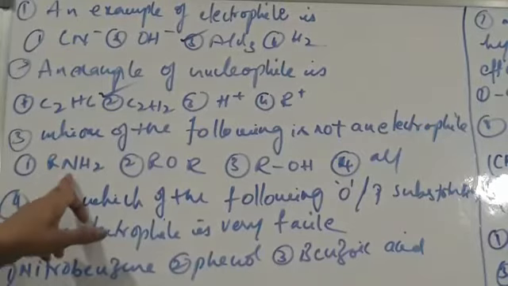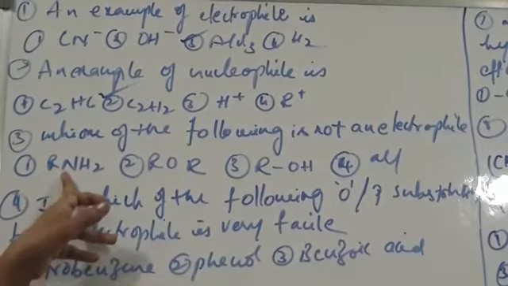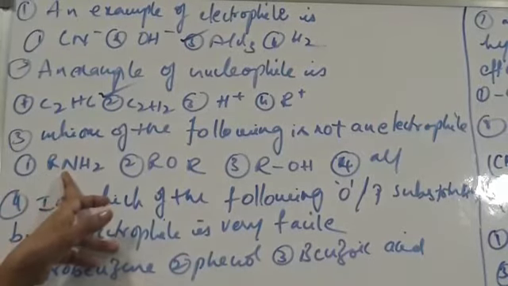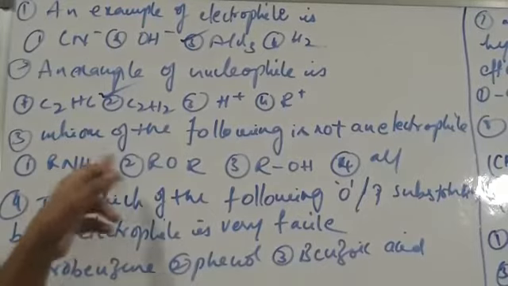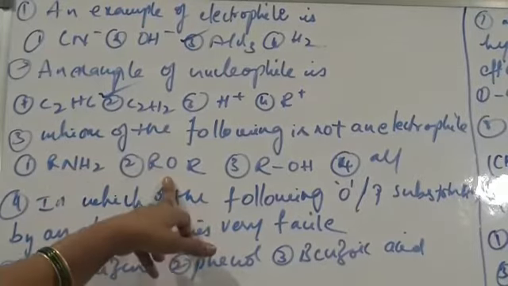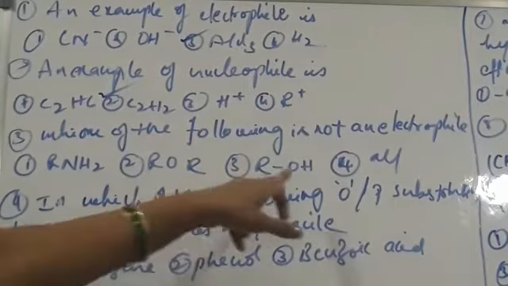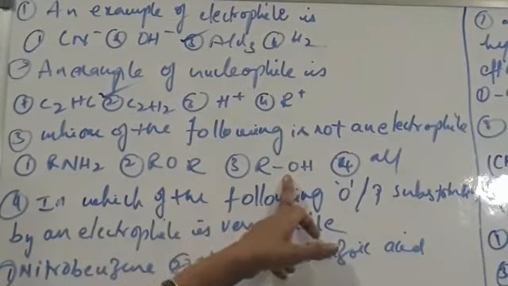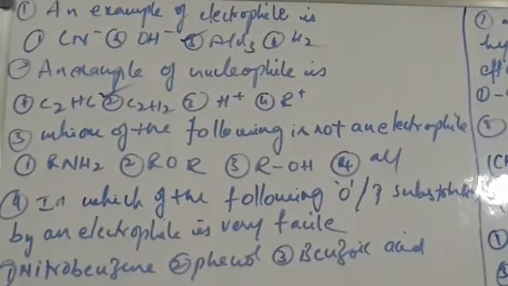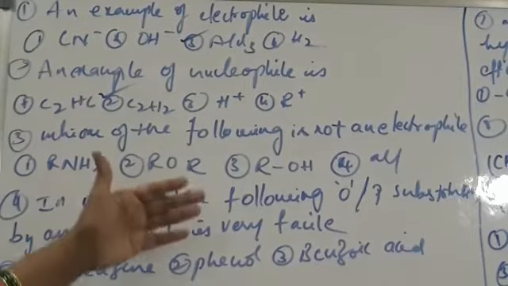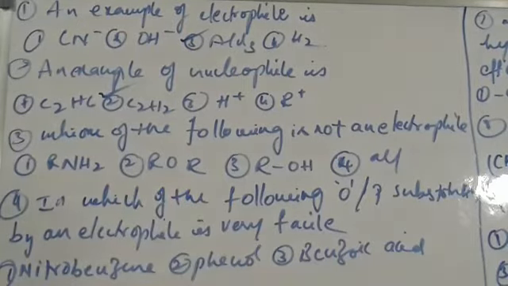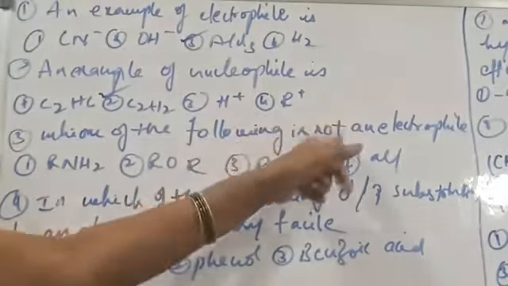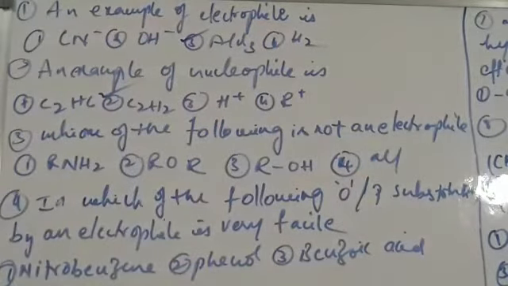In the amino group NH2, on the nitrogen atom a lone pair of electrons is present. In ethers, on the oxygen atom, lone pairs. And in alcohol, on the oxygen atom, lone pairs. So all are electron rich. So electron rich compounds are nucleophiles. So which of the following is not an electrophile? All are not electrophiles.